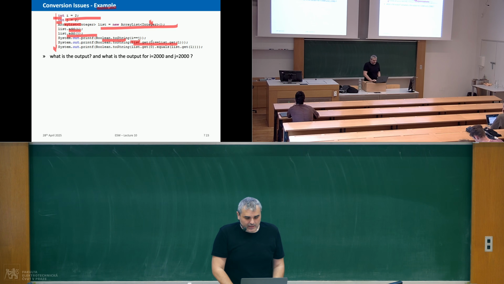List get element 0 equals list get element 1. True, false. Why? We are comparing references. That's a good idea, but there is an exception. In this case, it will be true.